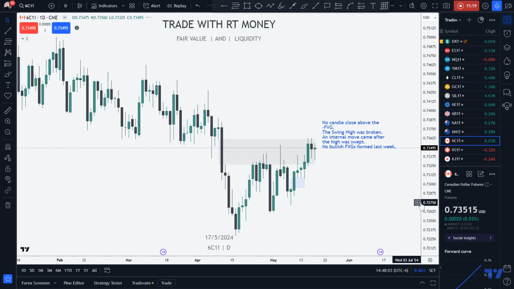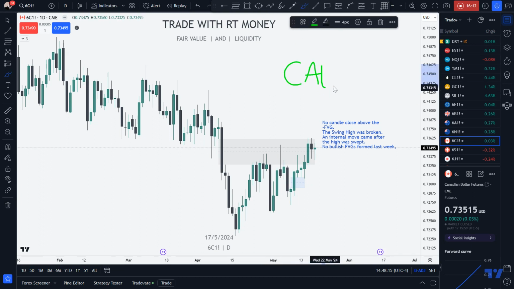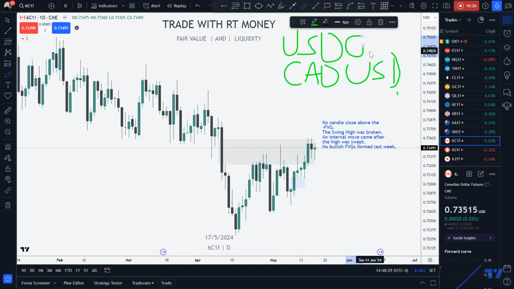Next is US dollar CAD. On the futures side, it's just CAD, the CAD futures. Instead of it being USD CAD, it'll be CAD USD.